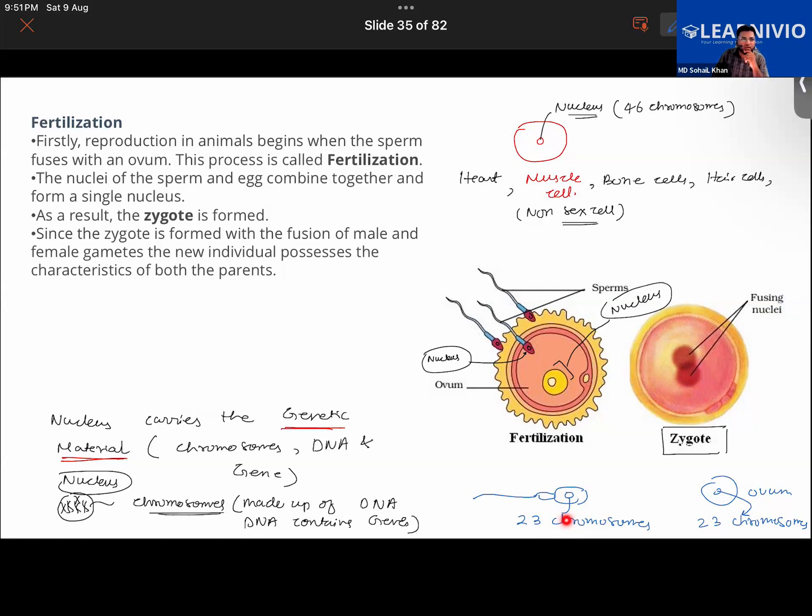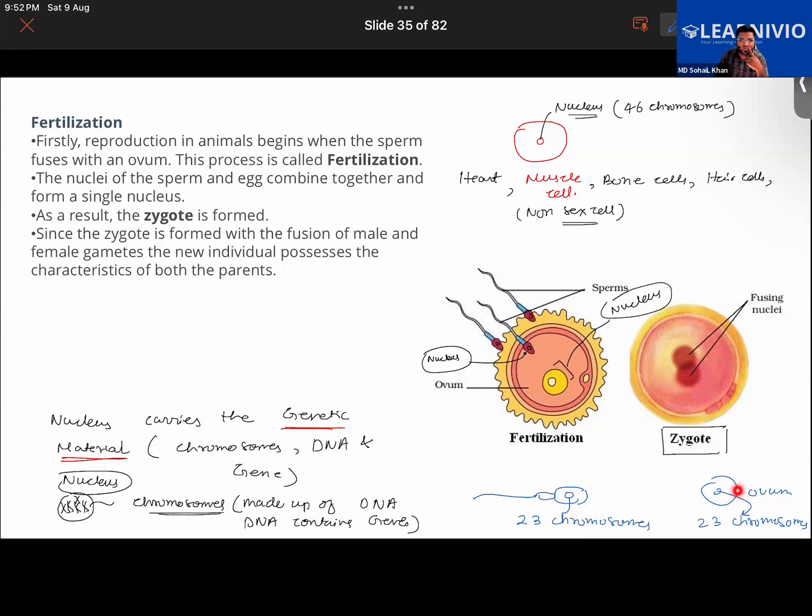For example, if someone has curly hair, it could be the skin color, it could be the height, etc. So such kind of information is present in the chromosomes. Similarly, the bodily features of the female will be present in the chromosomes.